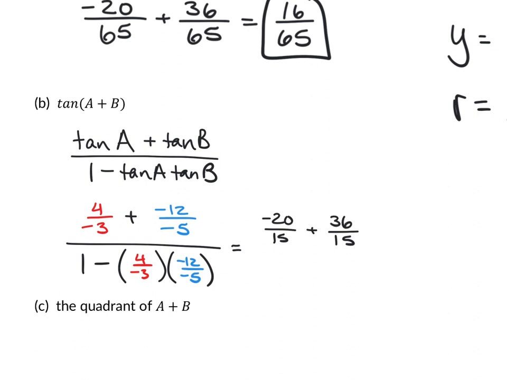I'm going to let the negatives go on that one. Negative times negative, or divide by negative, is still positive. Okay, but for the denominator, I don't have to have a common denominator to multiply fractions. It's just top times top, bottom times bottom, which means this ends up being 1 minus negative 48 over positive 15.